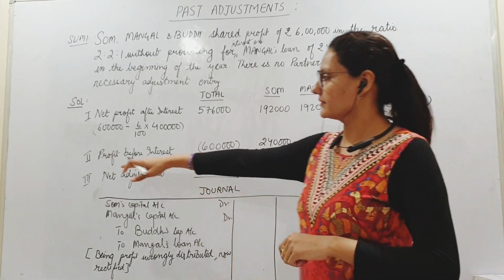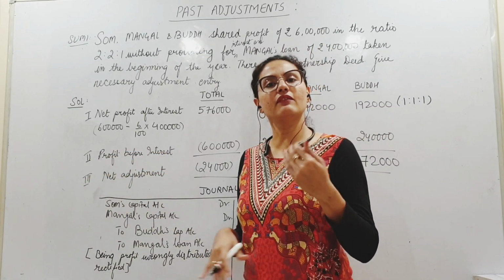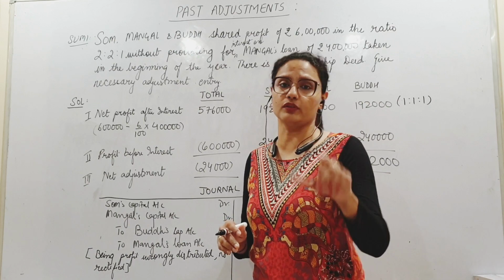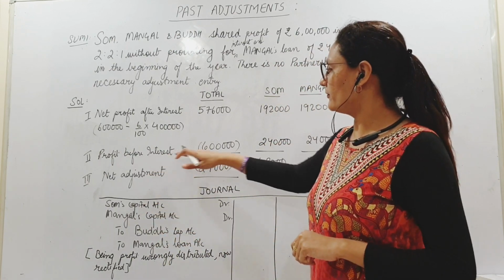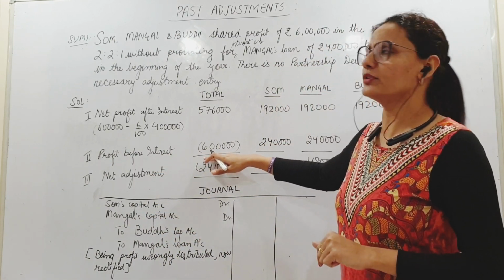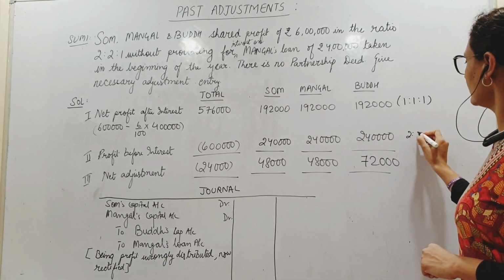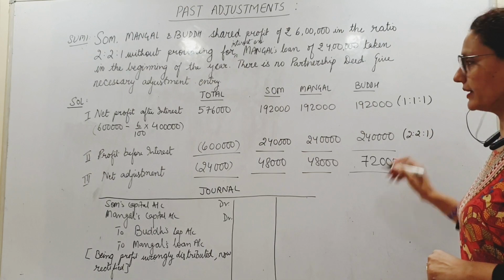Second step, I am calculating what I have already given to them. Let us work out what they have already received. Profit before interest of 6 lakhs I distributed in the ratio of 2:2:1. So this is what I have already given to them.